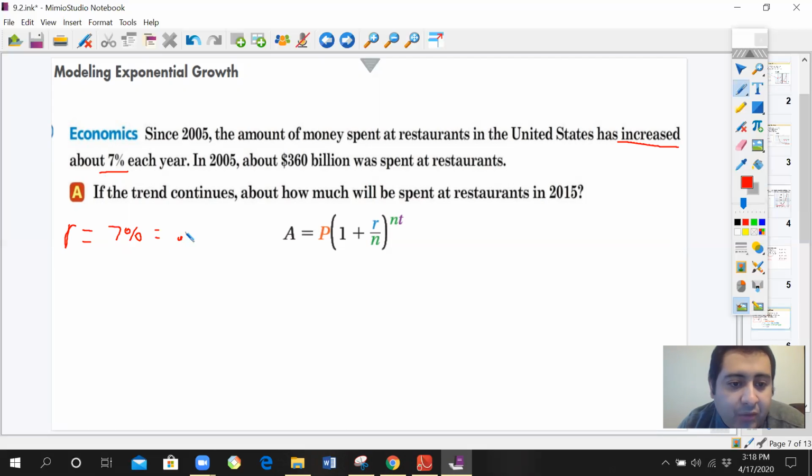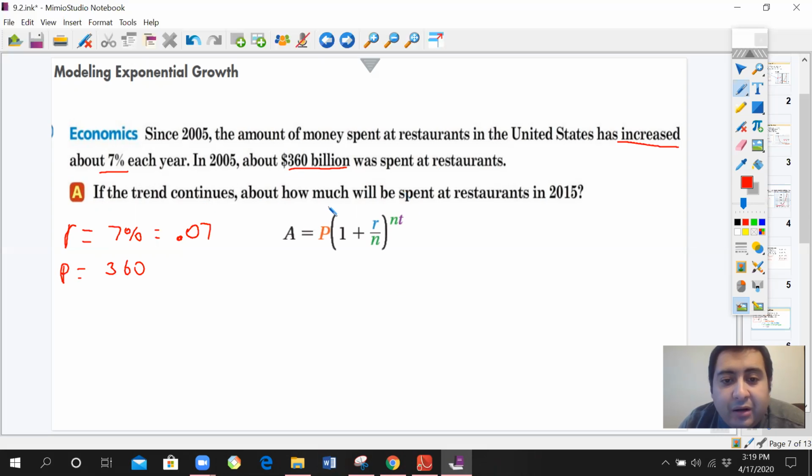So we have 0.07. So in 2005, about 360 billion was spent at restaurants. So that's going to be your P, your initial amount, 360 billion.